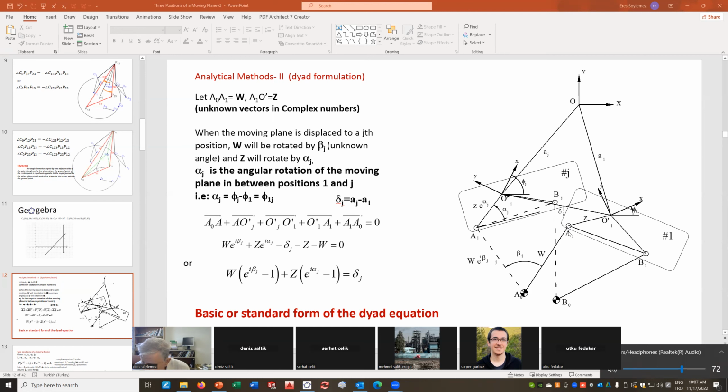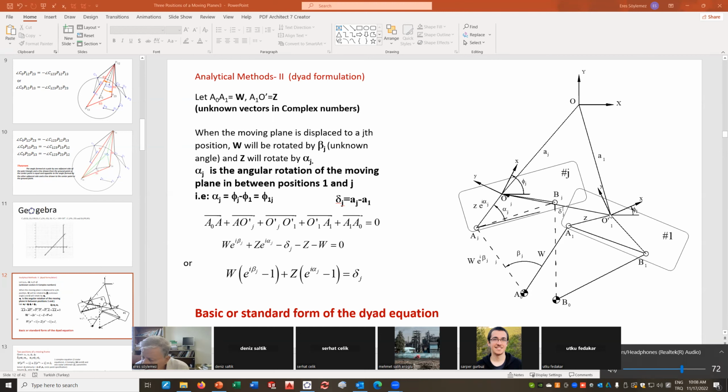This length does not change, or A0 A1 does not change when you move to A0 Aj. But it only rotates. The rotation operator in complex numbers is, whenever you have a complex number, if you multiply it by e to the i beta j, you rotate that vector W by an angle beta j.